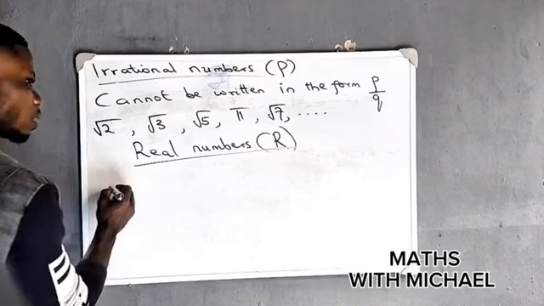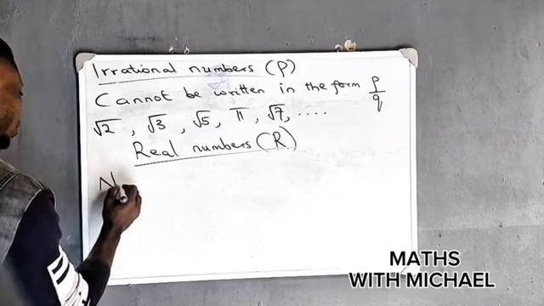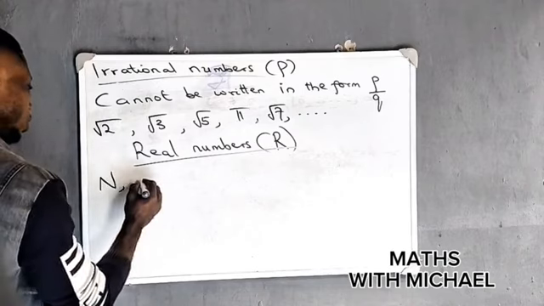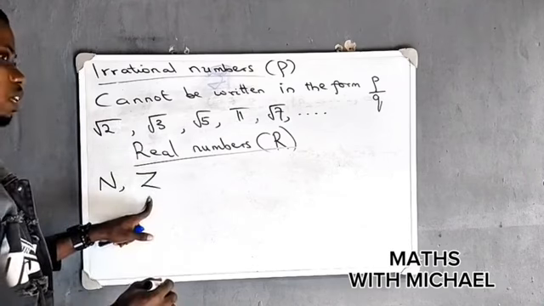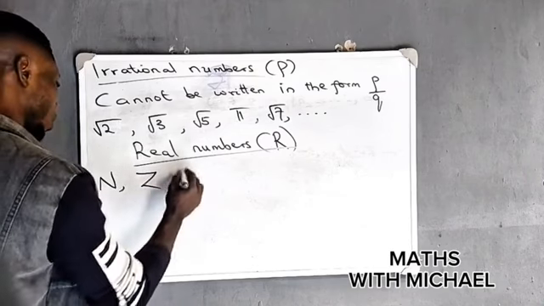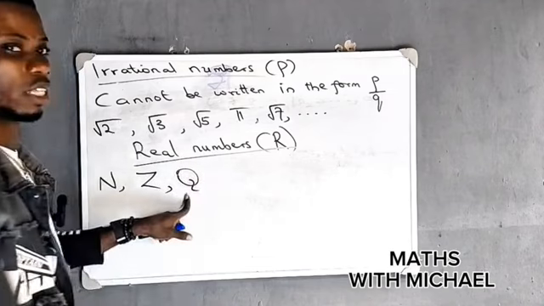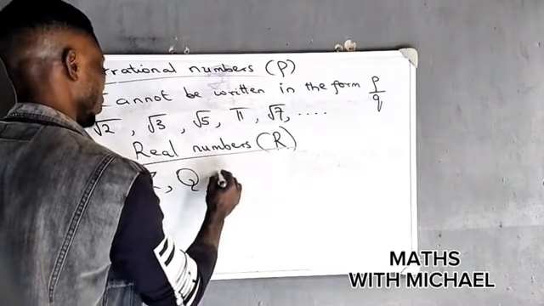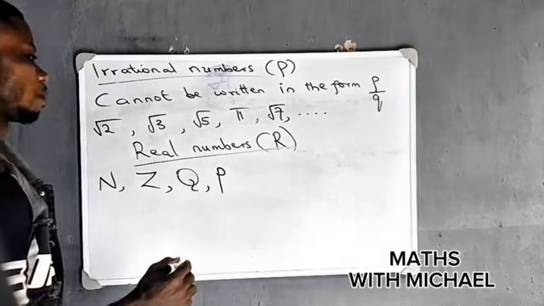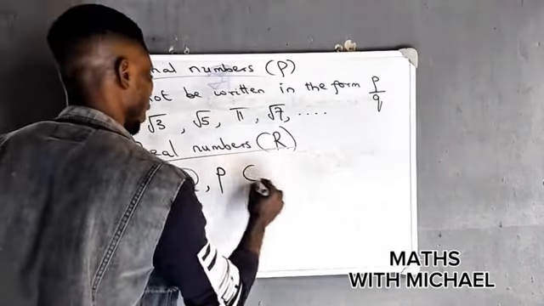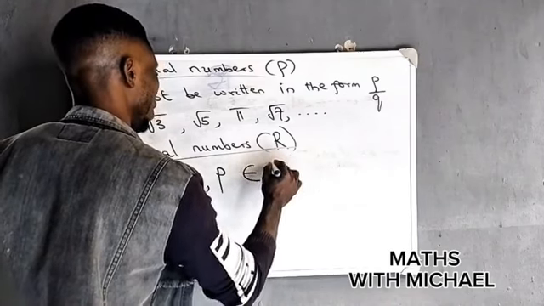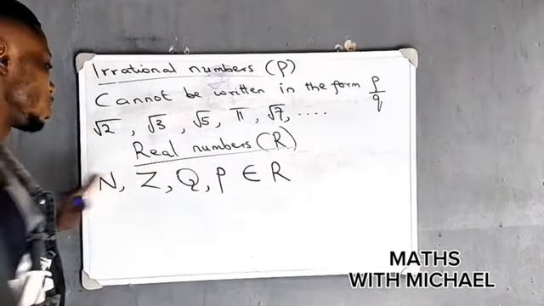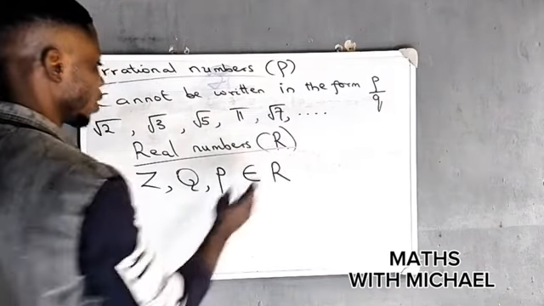So the real numbers will include the natural numbers, which we represent by the letter N. They will also include the integers, usually represented by the letter Z, the rational numbers, usually represented by the letter Q, and the irrational numbers, usually represented by the letter P. So all of them are members of the real numbers.